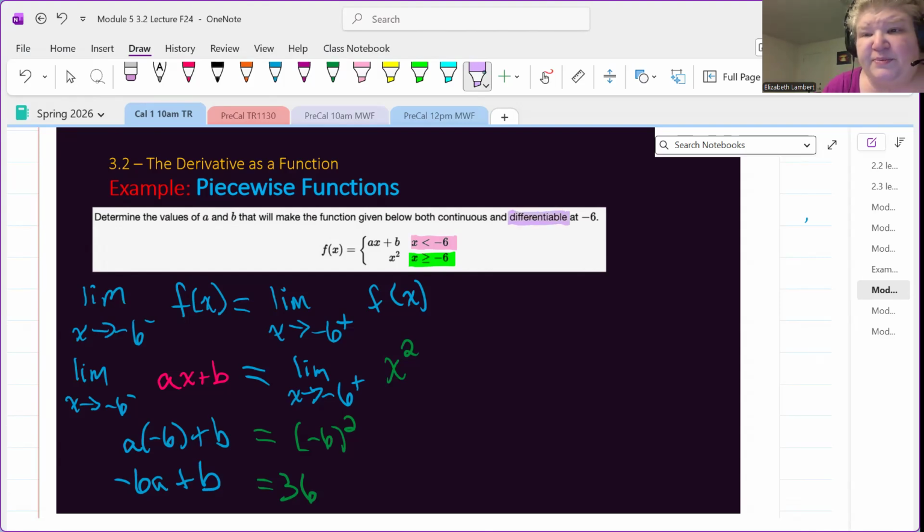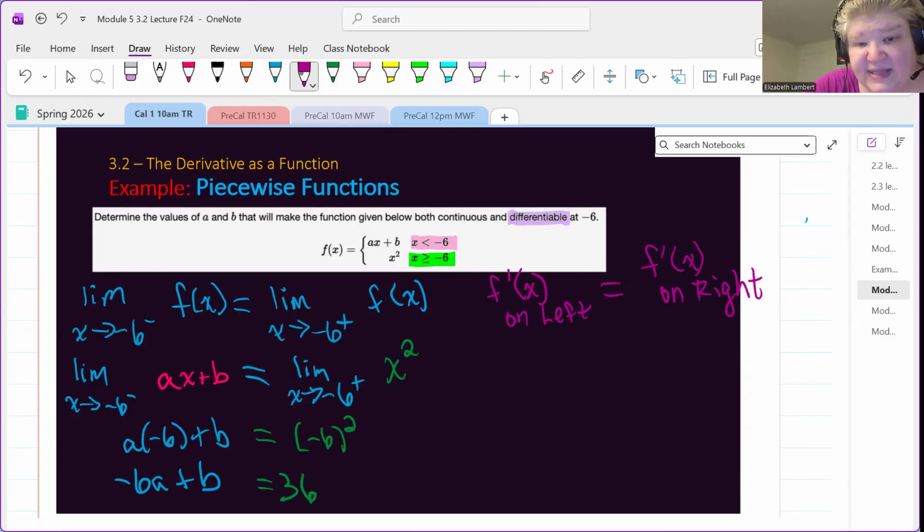Differentiable means the derivative on either side has to be equal. So we need to talk about f prime of x on the left side, and we want this to equal f prime of x on the right side.